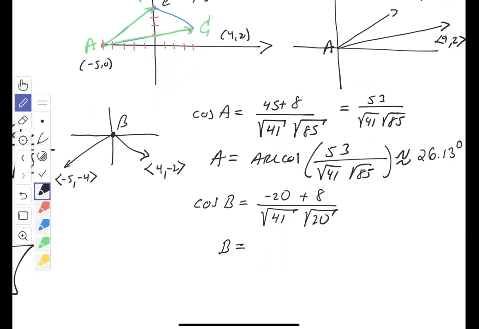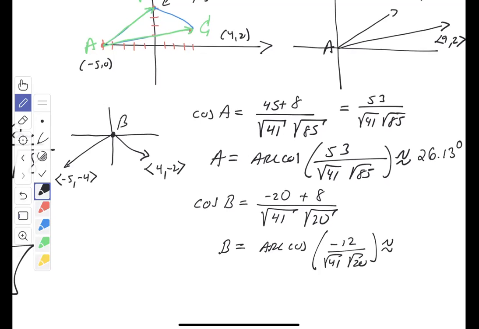B is going to be arc cosine. Let's see, that's -12, right? Over root 41, root 20. And yeah, I've got to use a computer to do that. And I'm going to take my handheld calculator. I've got one of these ancient calculators. It's actually a TI 89. It looks ancient compared to what's available on your computer.